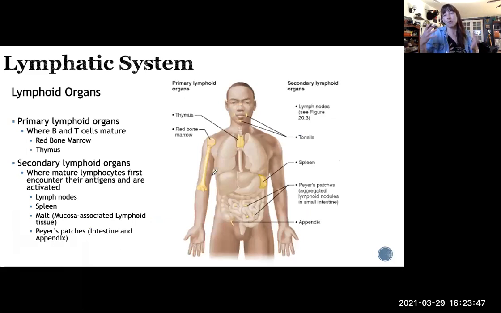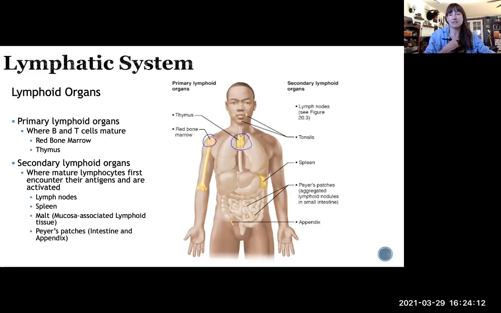Then you also have proper lymphoid organs, okay? And your lymphoid organs, as we understand them, come in basically two flavors. You've got your primary lymphoid organs where your lymphocytes are born and mature, basically, which are your red bone marrow and your thymus, okay?